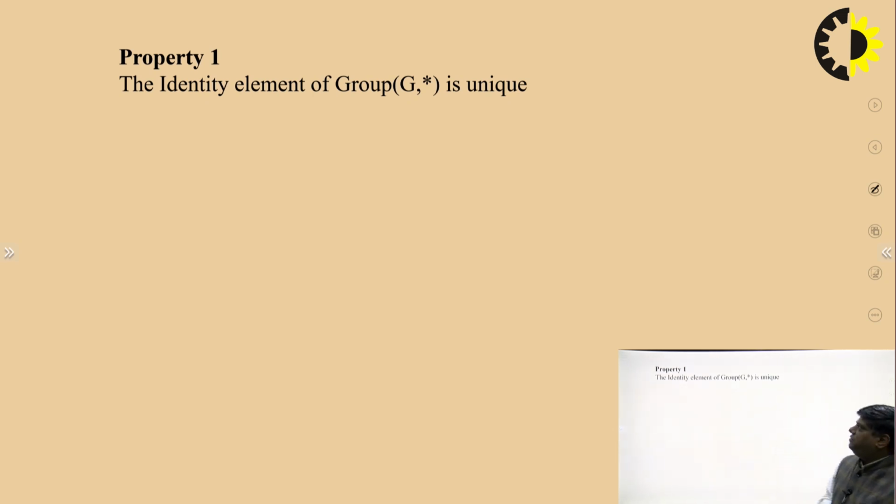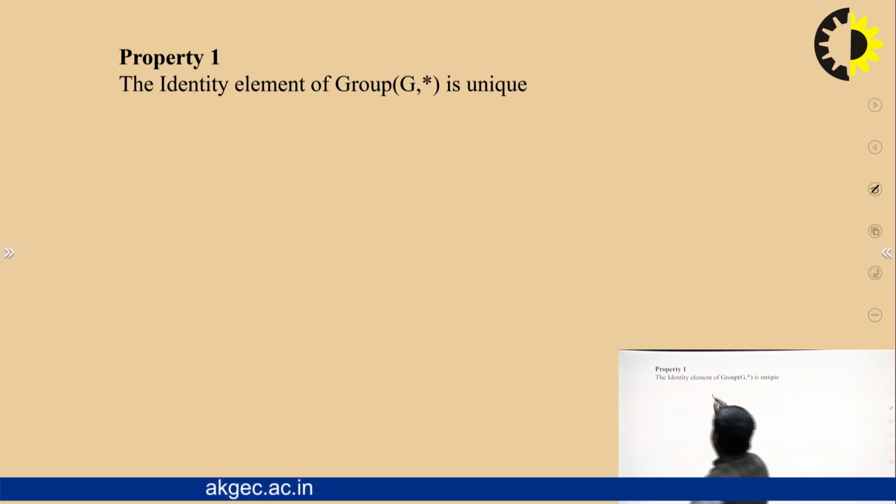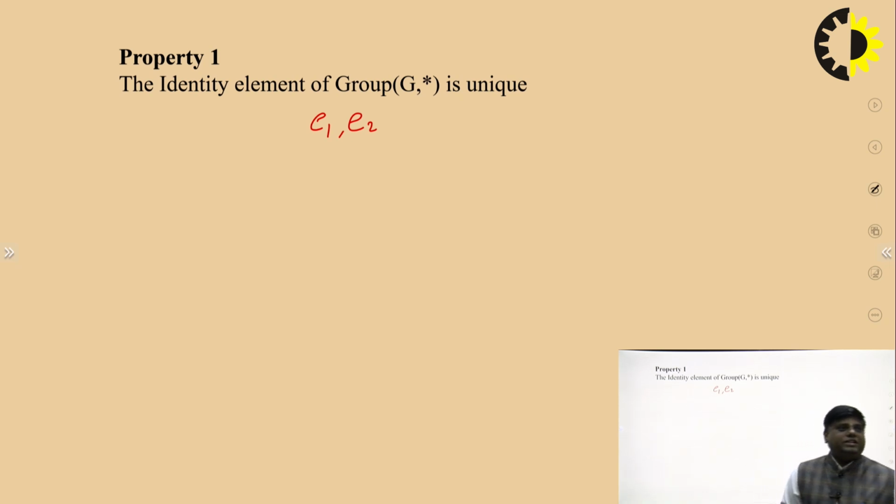Now we move to a very important property of the group. The identity element of a group is unique. How can you prove that the identity element is unique? It means we take two different identities, E1 and E2, and we prove that E1 is equal to E2, then we can say that the identity element of a group is unique.